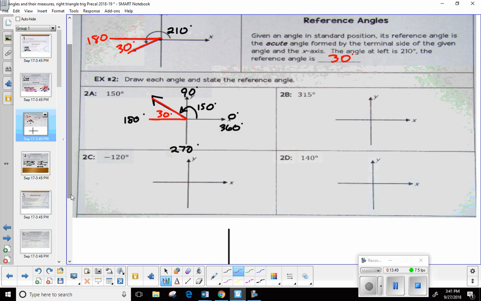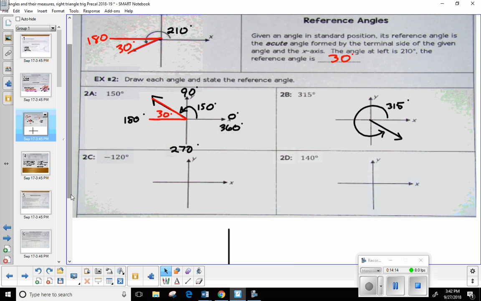315. Abel, what quadrant would this one be in? The quadrants go counterclockwise 1, 2, 3, 4. It'll be in 4, yes. It's bigger than 270, but less than 360. So let's say this represents my terminal side. It's going to rotate all the way around. This is 315 degrees.